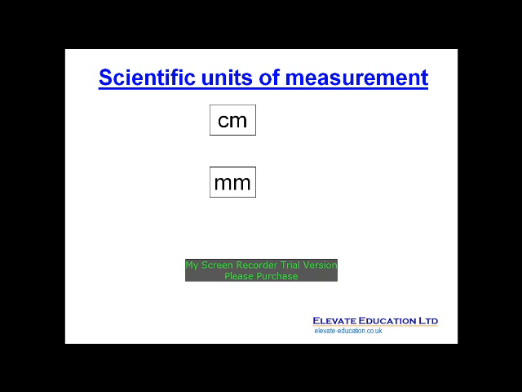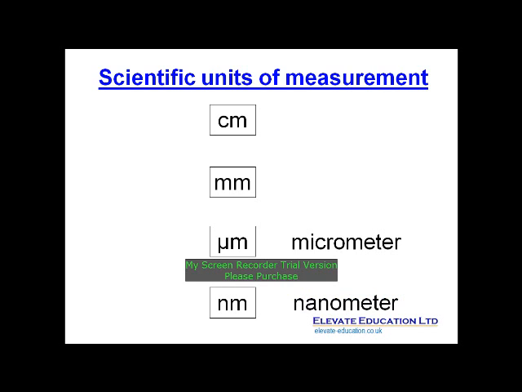The ones that we need to be aware of for cell biology are firstly micrometers and secondly nanometers. A micrometer is 1,000th of a millimeter and a nanometer is in turn 1,000th of a micrometer.